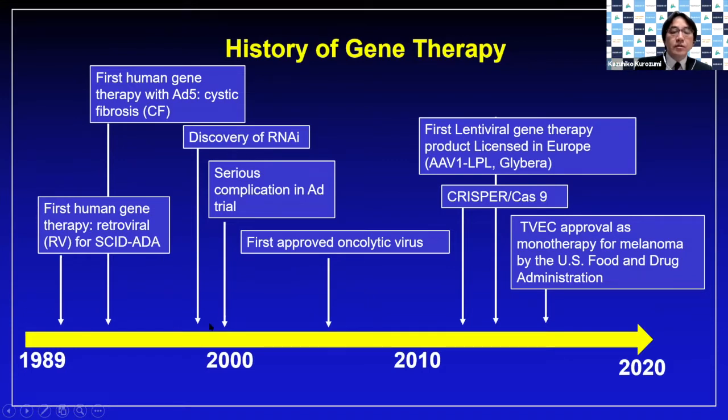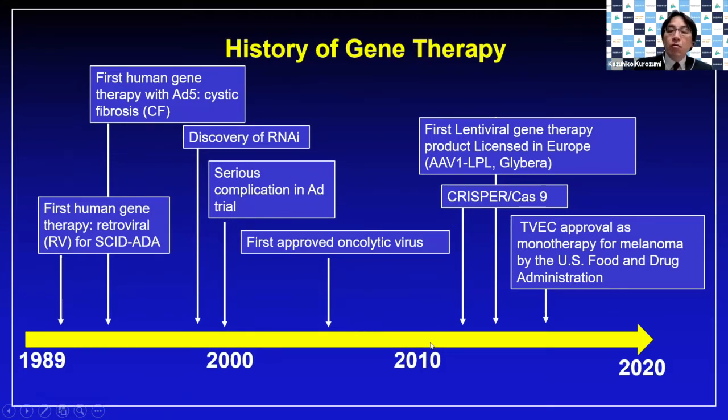But unfortunately, there was one serious complication with the adenoviral vector, so gene therapy stalled a little. But the first oncolytic virus was approved in China.